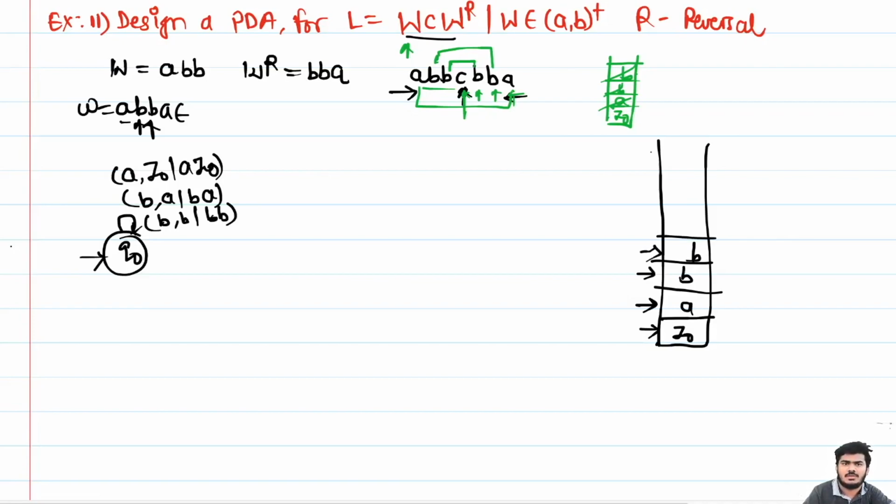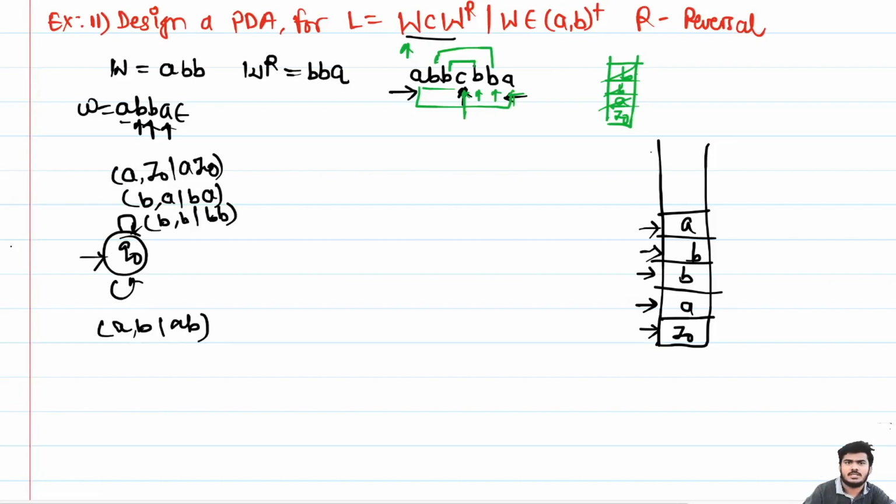Now I am left with A and the top of the stack is B, so I also push A into the stack, and the top of the stack is now A.